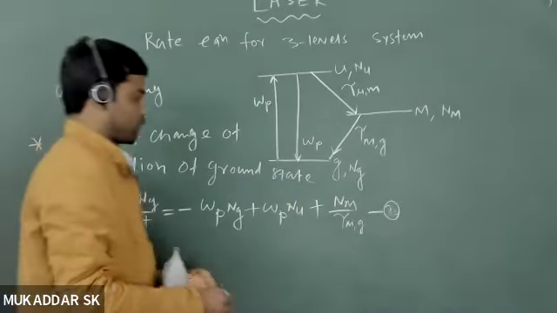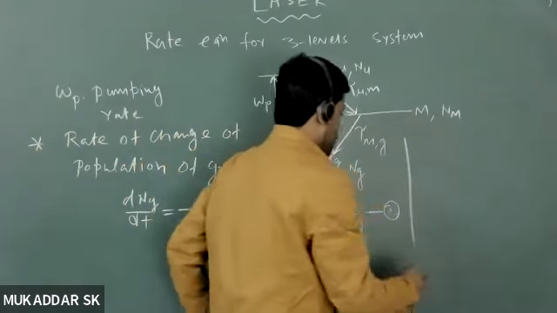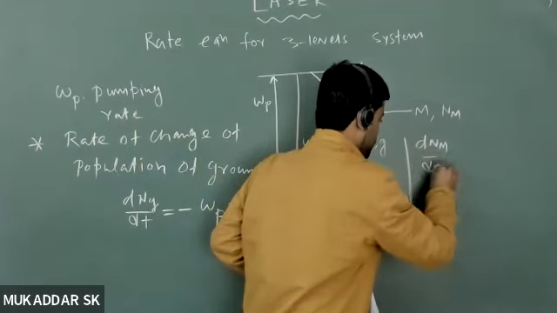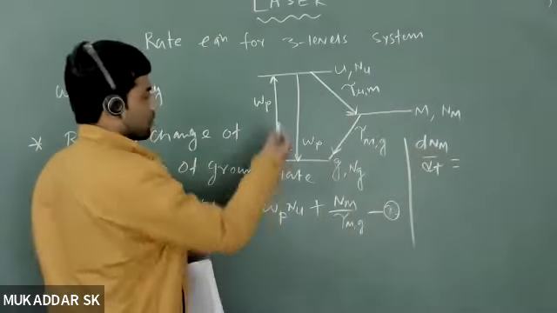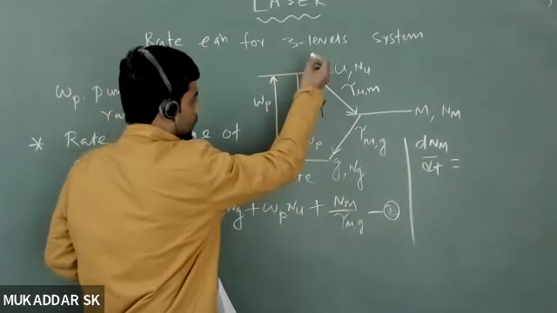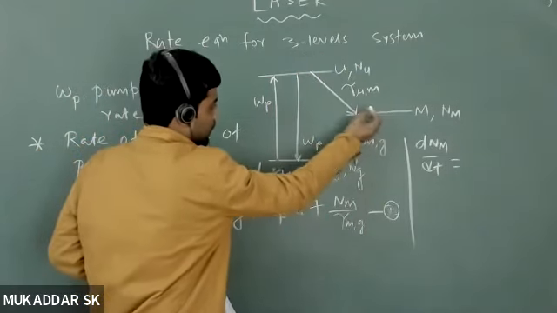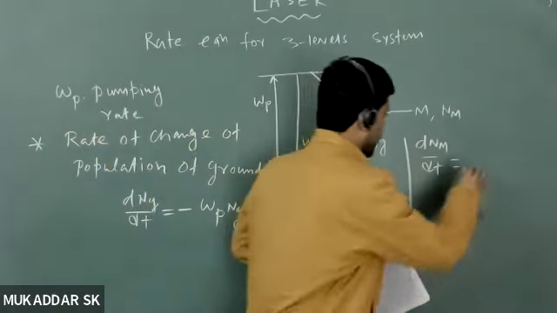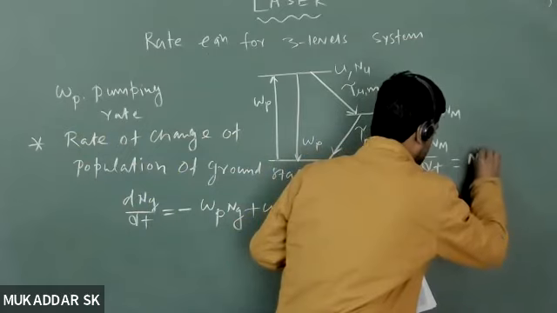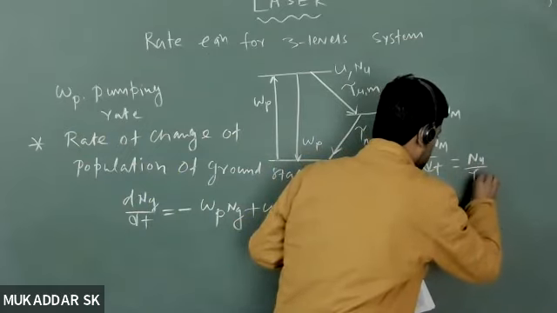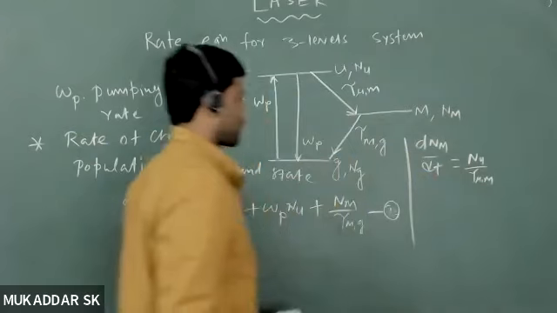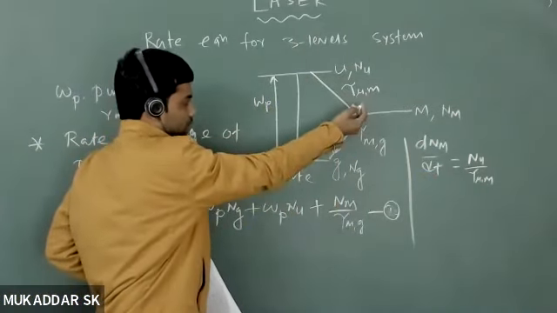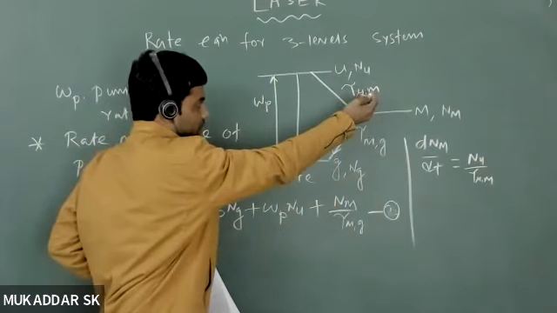Similarly, I can write the rate of change of population of the metastable state, dNm by dt. The decay from upper to metastable will increase the population of the metastable state, at what rate?